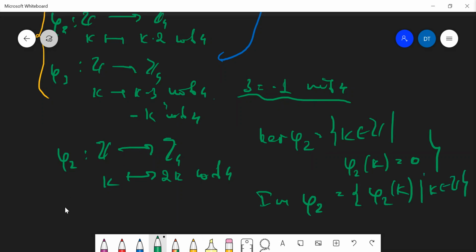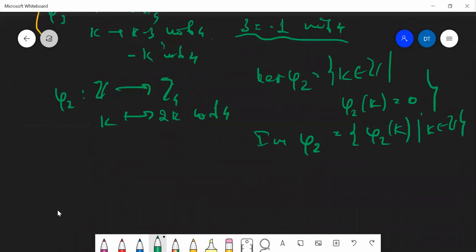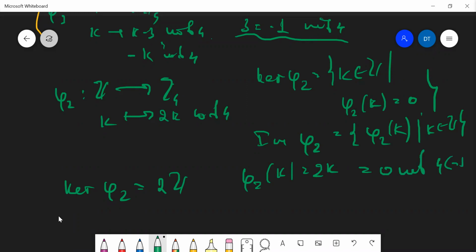So let's try to compute these guys. So what is the kernel of phi2? How do you think? Should be all even numbers, probably. Yep. This is the set of all even numbers in Z. Why? Because phi2 of k is equal to 0 modular 4 if and only if 4 divides 2k.